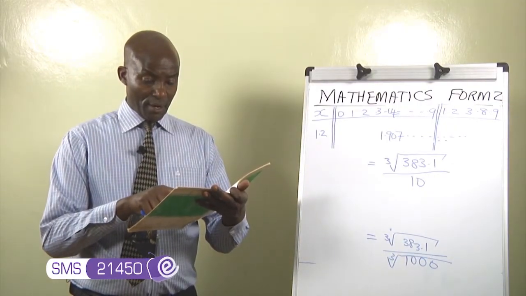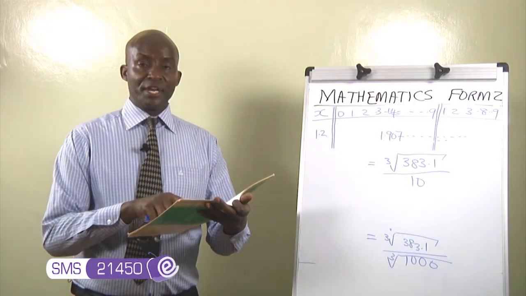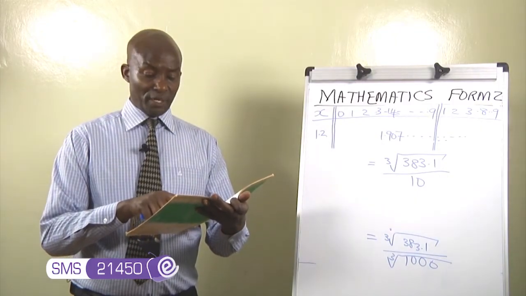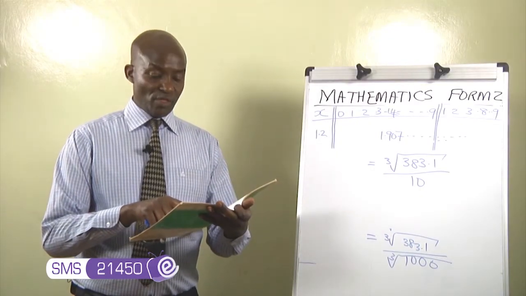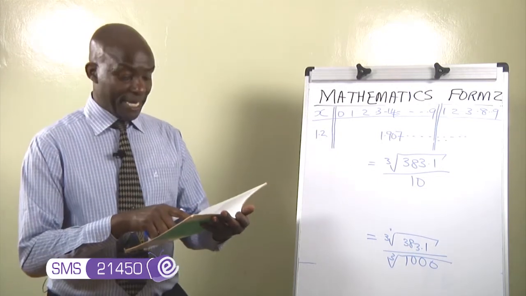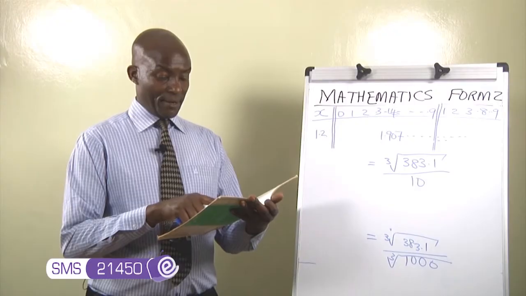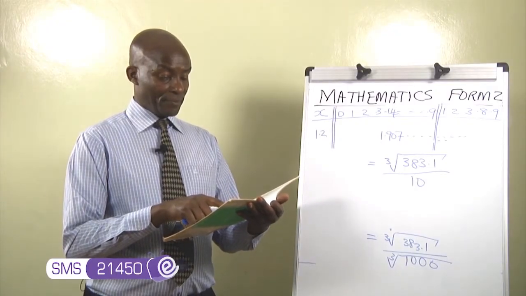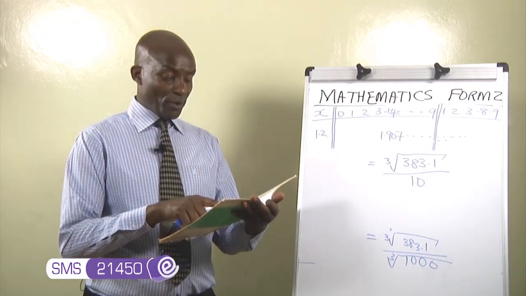Now, in the tables, we have 382.7, and we also have 384.2. So 383.1 lies between those two. And since we cannot get the exact one, then we take the lower one, that is 382.7.